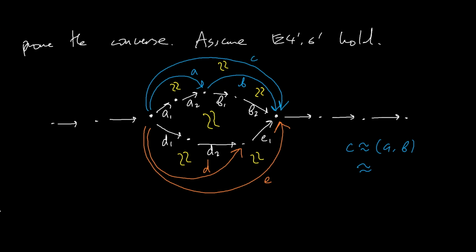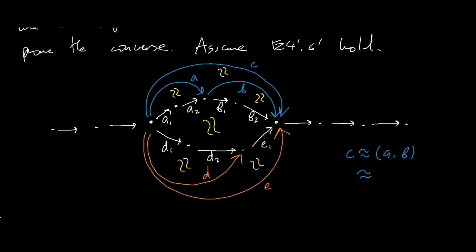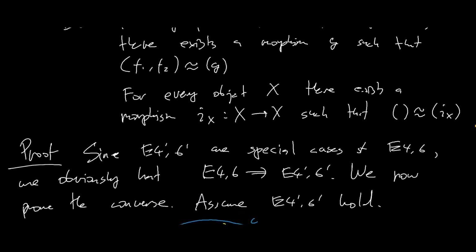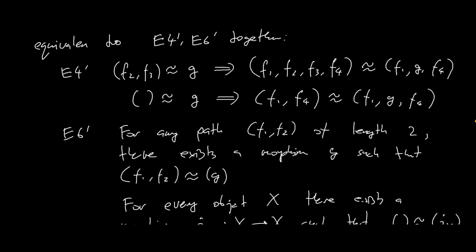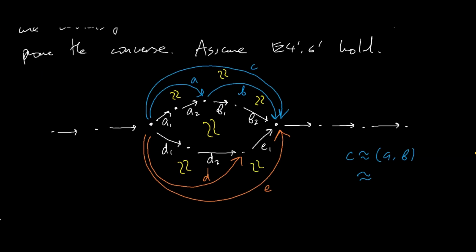So I suppose you will agree with me that I can use congruence for 2. In other words, I can use E4 prime to deduce that, yeah, it's a bit complicated.